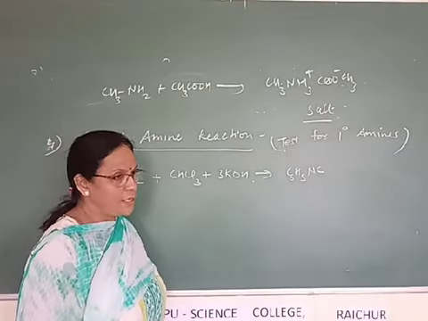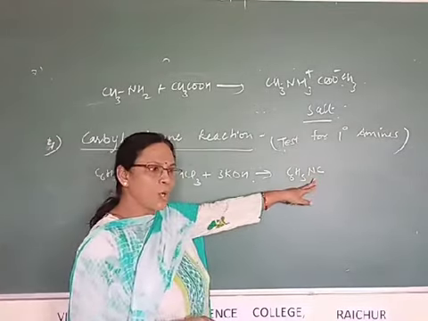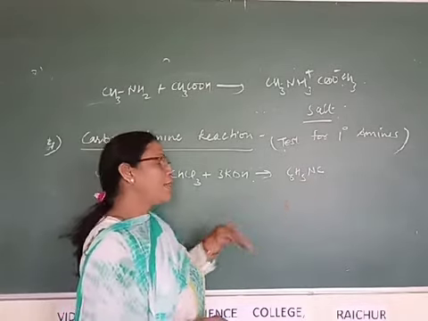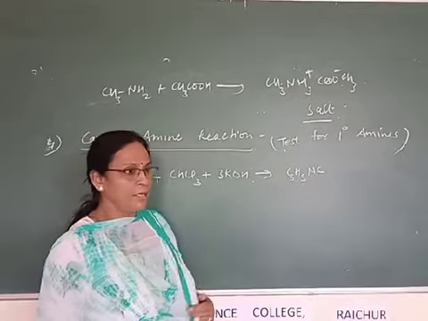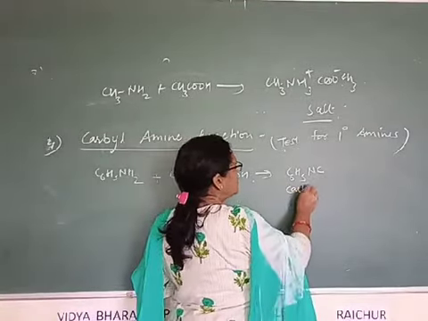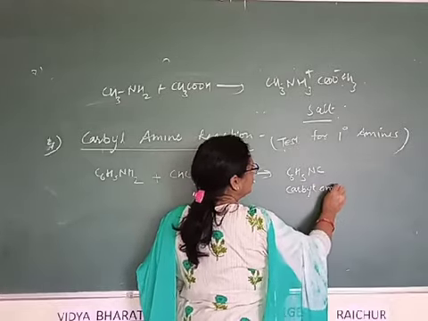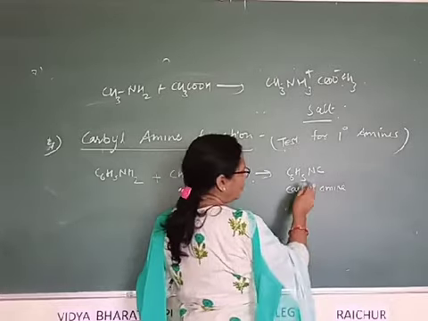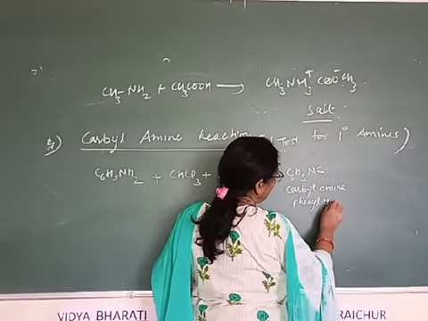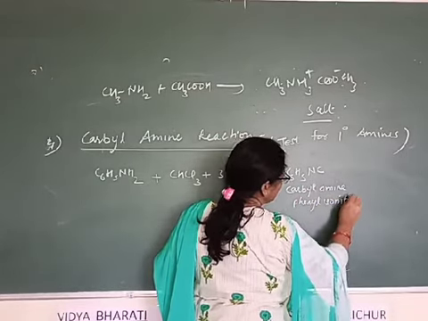Isocyanide or isonitrile: isocyanide is its common name, isonitrile is its IUPAC name, and carbylamine is also its common name. This is carbylamine, phenyl isocyanide or phenyl isonitrile, IUPAC.